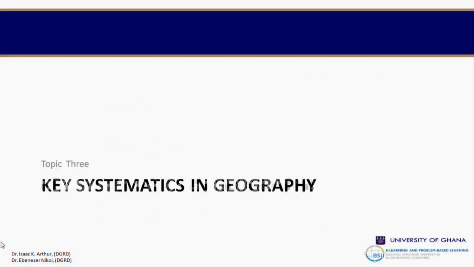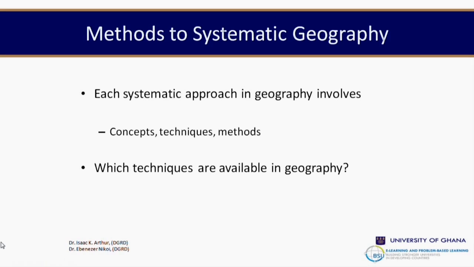Now, the next thing is to look at the key systematics in geography. And this is also on the methods in studying human geography. Yes. So each systematic approach in geography involves concepts. It involves techniques and methods.